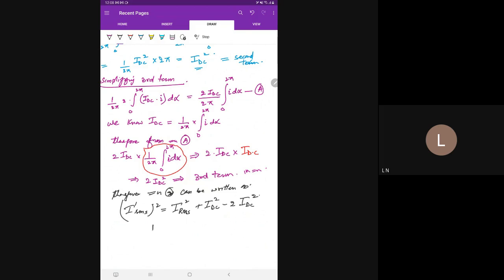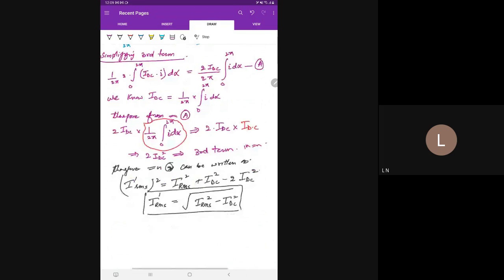So I dash RMS will then be equal to root of I RMS square minus IDC square. So this is the RMS value of the AC component of current.